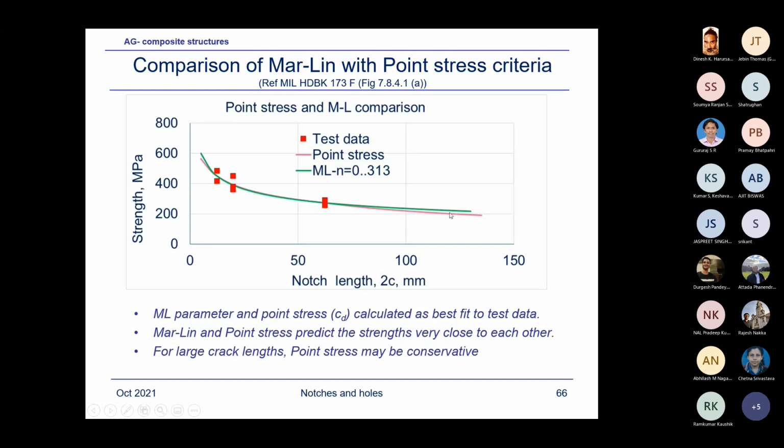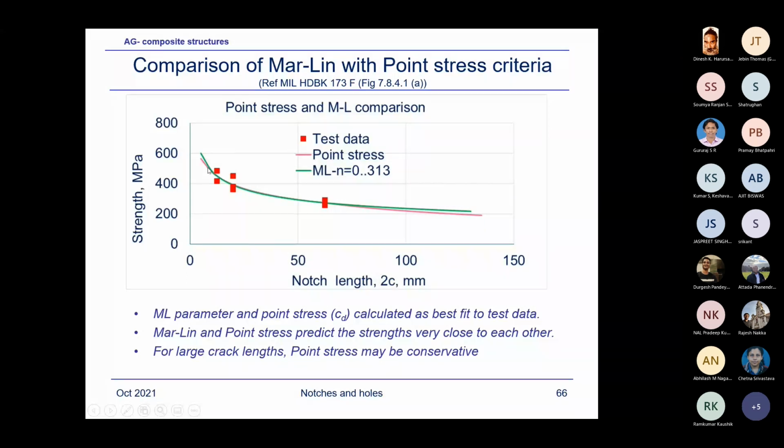Now, what you find here, of course, is that point distance criteria and the Mar-Lin approach in this region both show pretty good correlation. But as the crack length grows, the point distance criteria is slightly conservative. The Mar-Lin approach provides a better fit, but for the small crack length, the trend is the other way.